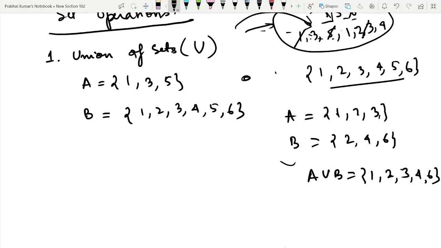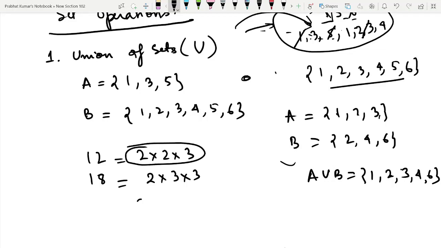So you can easily relate this concept to what in number theory is called the LCM. When you find the LCM of two numbers, say 12 and 18, 12 is basically 2 into 2 into 3, and 18 is basically 2 into 3 into 3. So how do you find the LCM? You first write 2, 2 and 3.